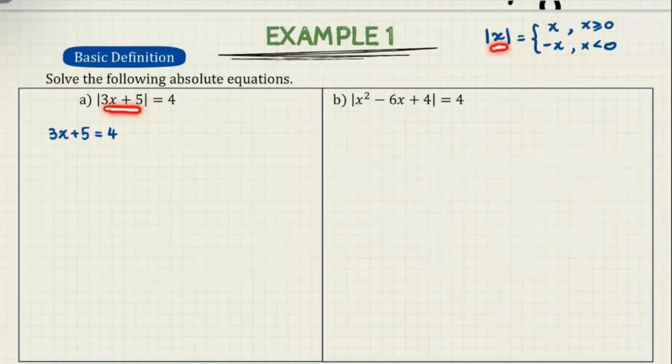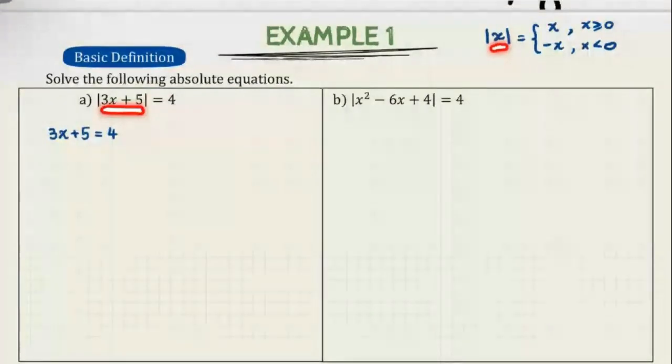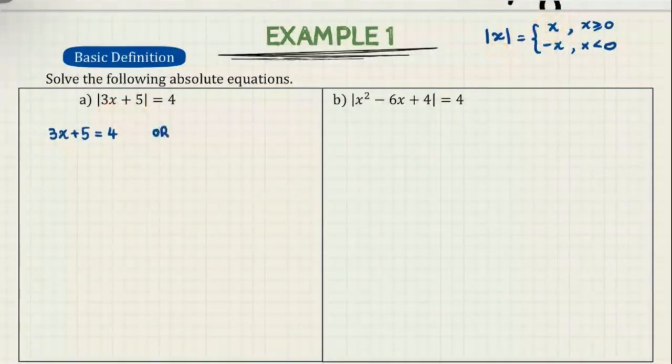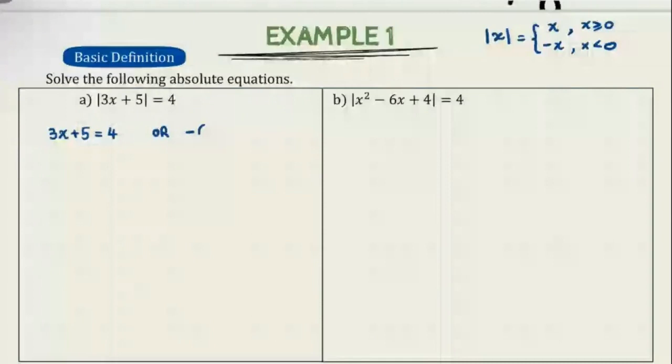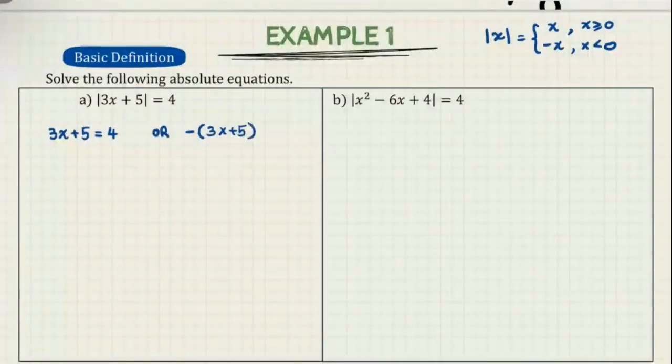So sini pun kita punya unknown x lah. So the first one dia akan kekal sebagai that expression directly, 3x plus 5. Or, so now kita nak ubah dia kepada negative of x. So I'm going to put negative of 3x plus 5 equals to 4.